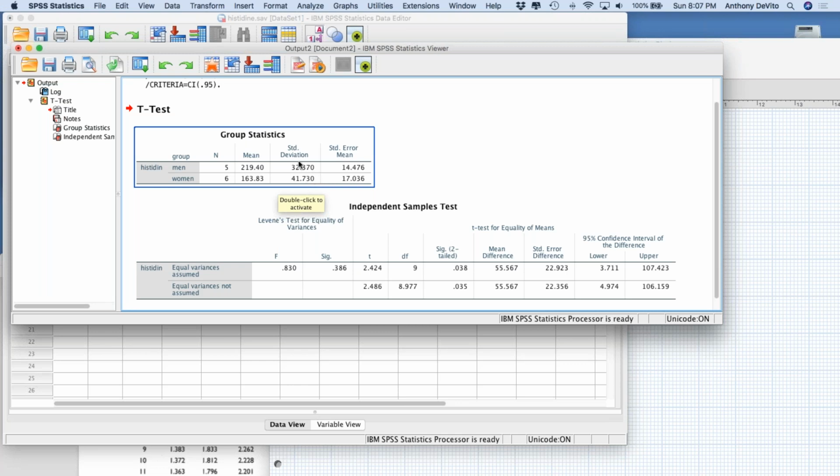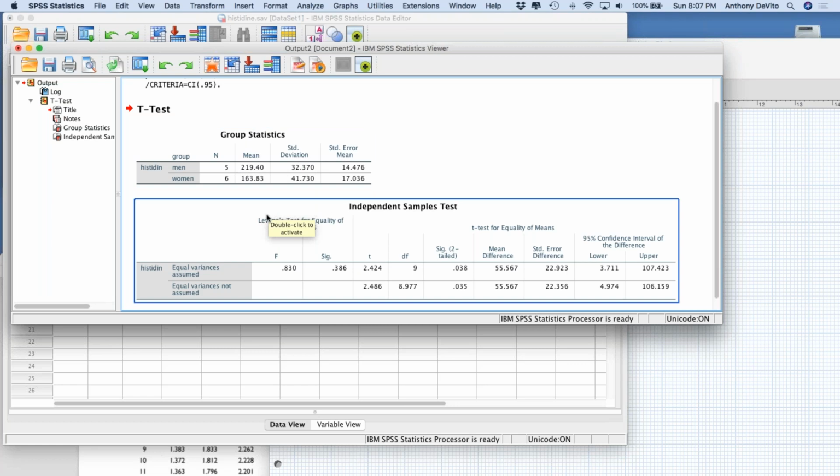However, if we can assume that the standard deviation for these two groups is the same, well, then we can group these together, get a weighted average, and base the standard deviation on a sample size of 11 instead of 5 or 6. Right? So it gives us more power in the ability to do our analysis, right? So that's a good thing for us if we can compare them.